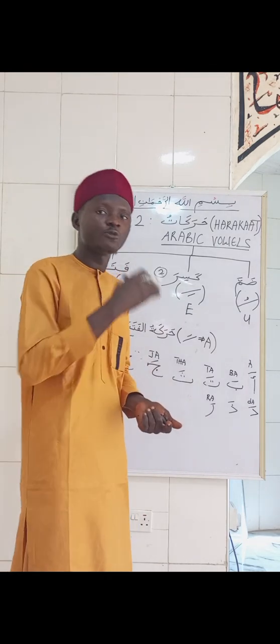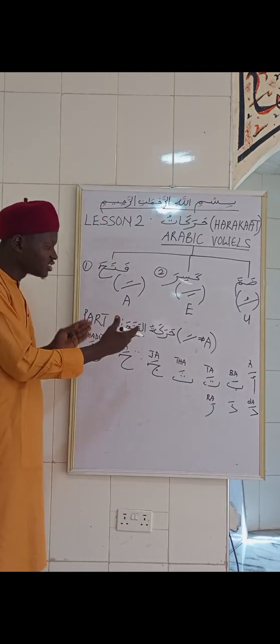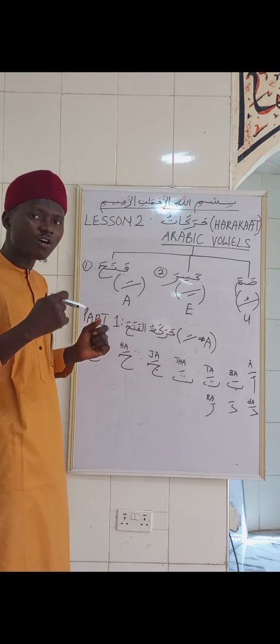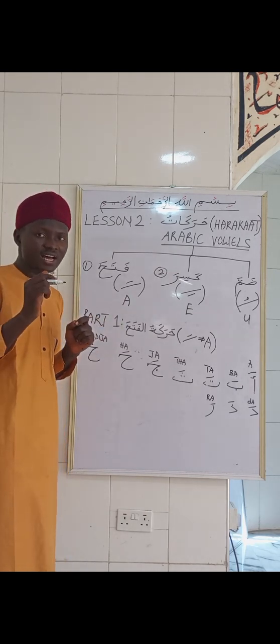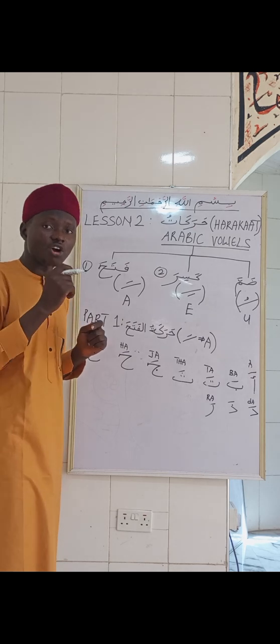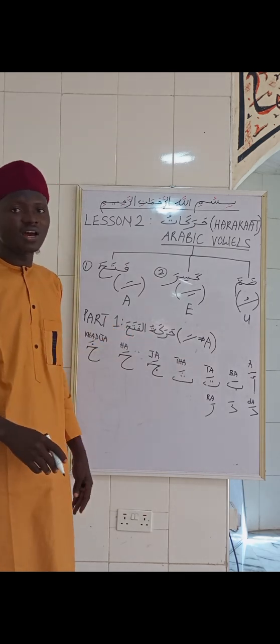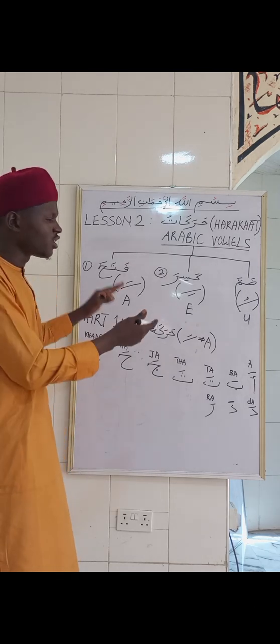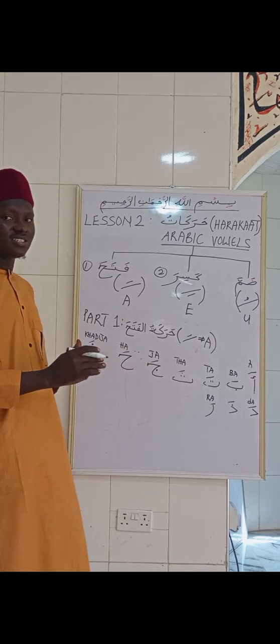It's going to be full of errors. We are just doing this for the sake of making it easy for us. But by the time we start learning the Makharij, where the letters come out, you don't need all this English. It's just for the beginner level for you to get it easily.